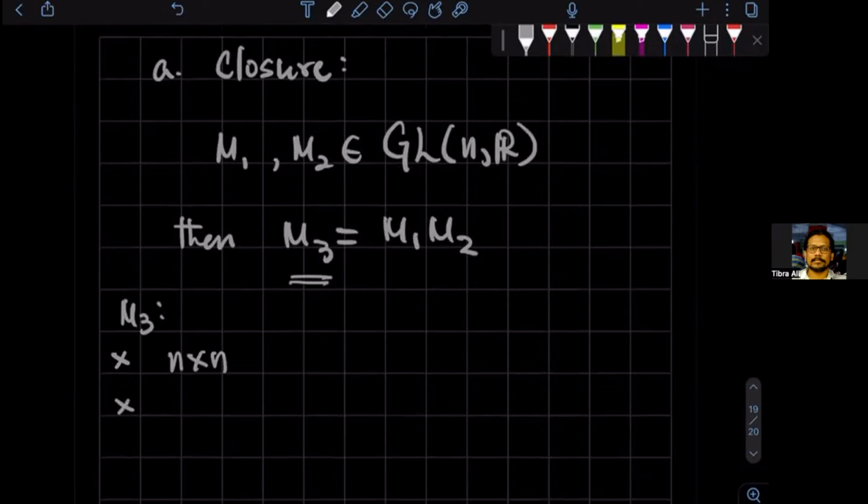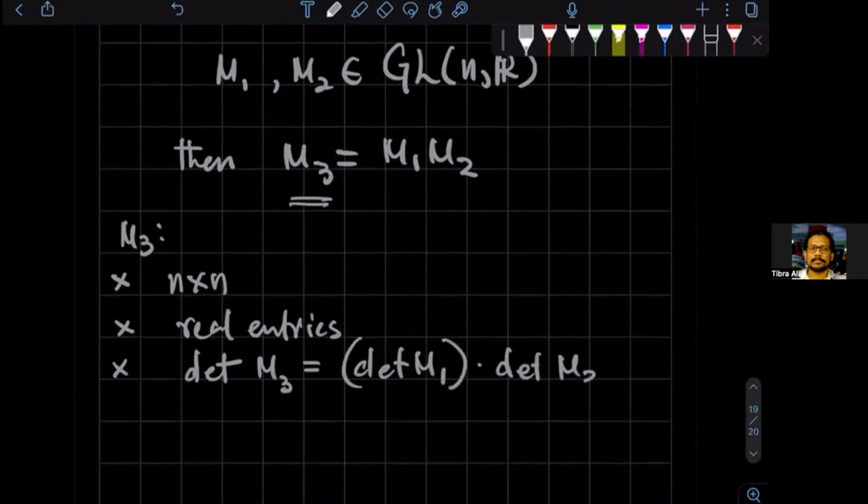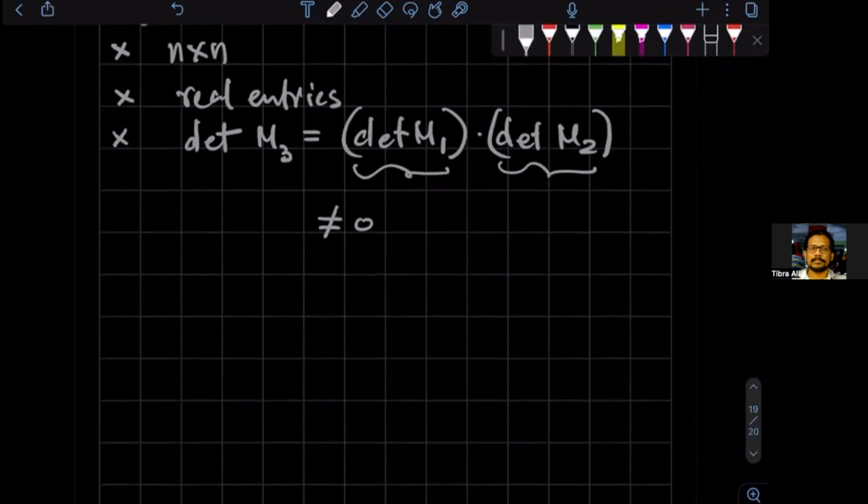Are they real numbers or not? Yes, real numbers. Now, the more interesting one is, what about its determinant? The determinant of M3 can be written as the determinant of M1 times the determinant of M2, right? And since this is non-zero, this is non-zero, the determinant of M3 is also non-zero, right? So we see that the closure property is satisfied.